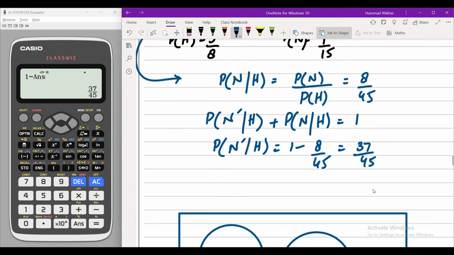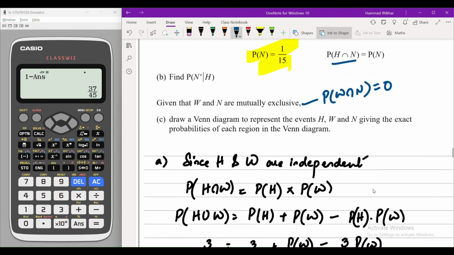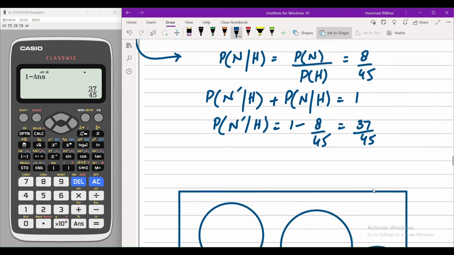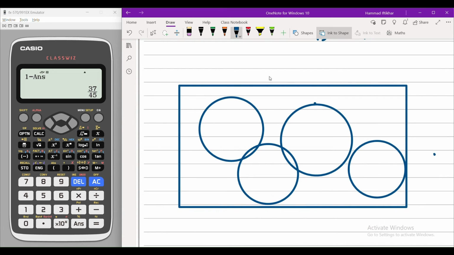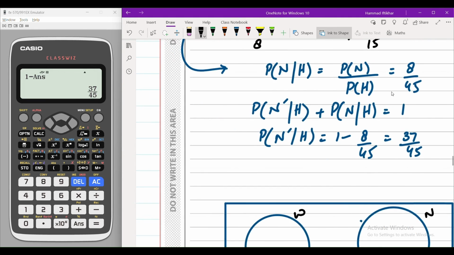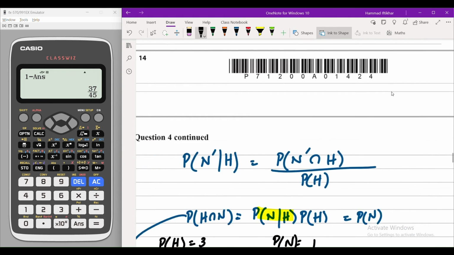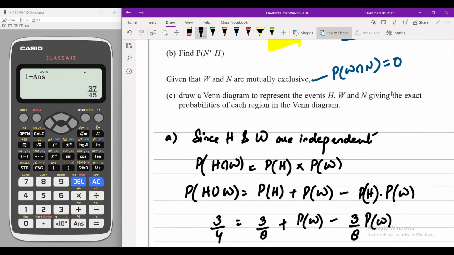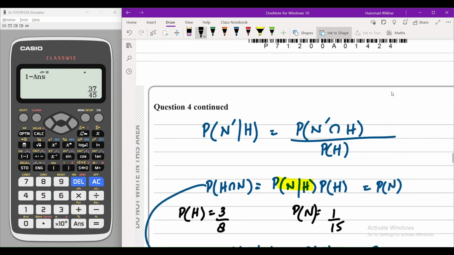W and N are mutually exclusive, so we have two events that are not intersecting. Let's say this is W, this is N. Then we have H. H is intersecting with W.